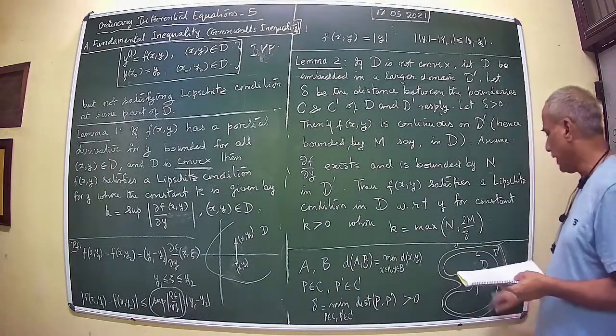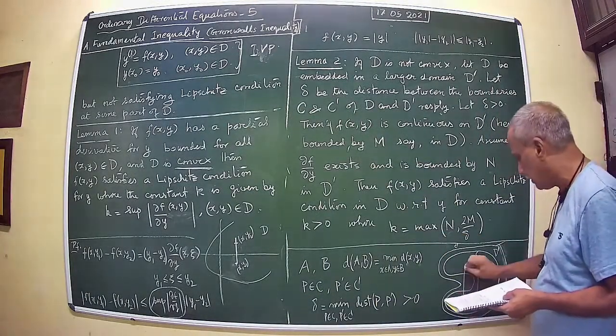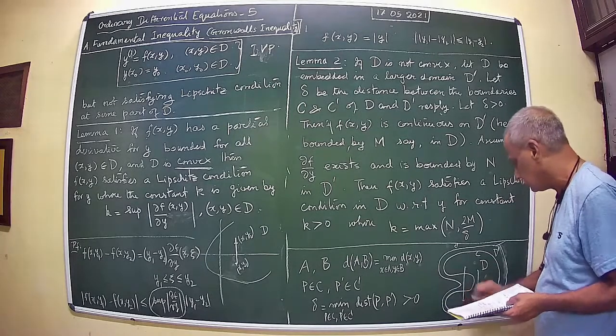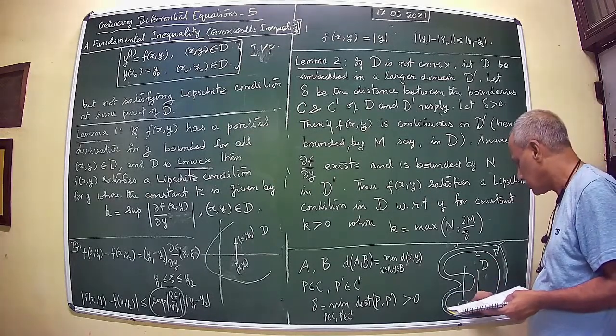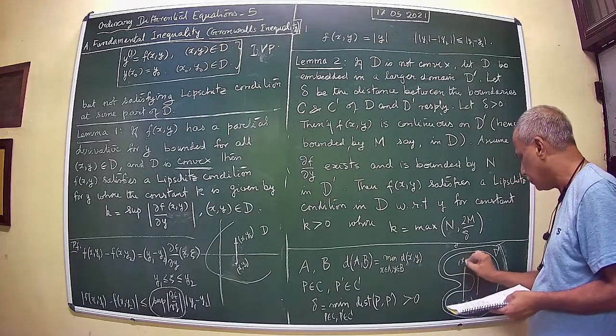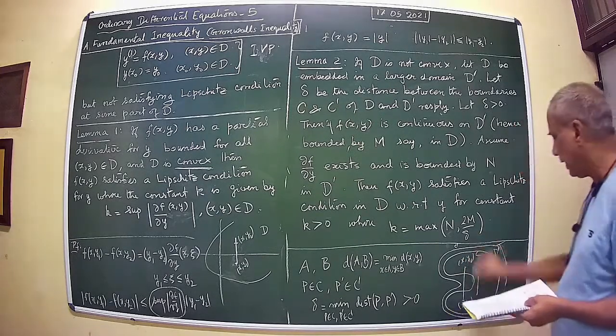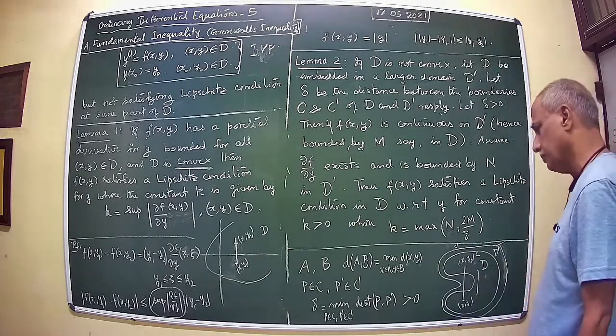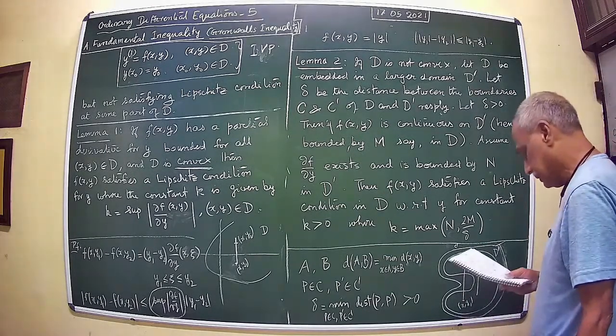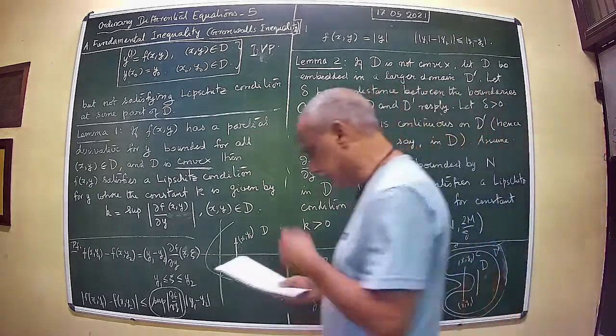But we have a scenario where this may not be true. Your x, y1 and x, y2 may not lie inside D. I mean, there may be some spillover. But now what we can do is this.